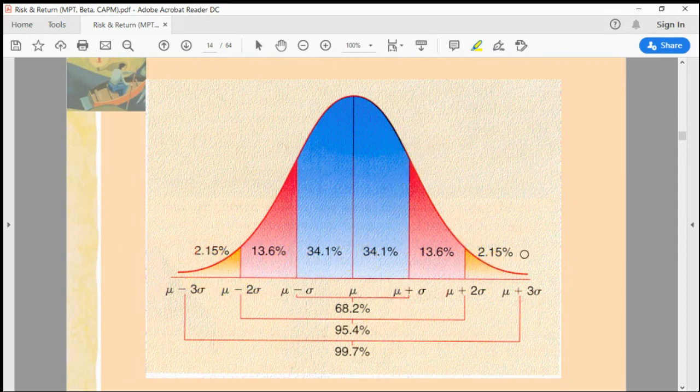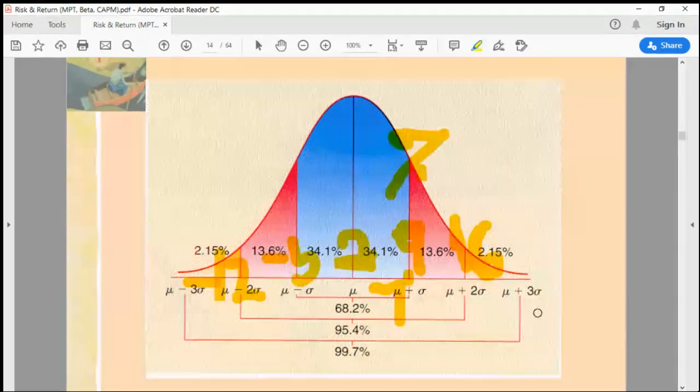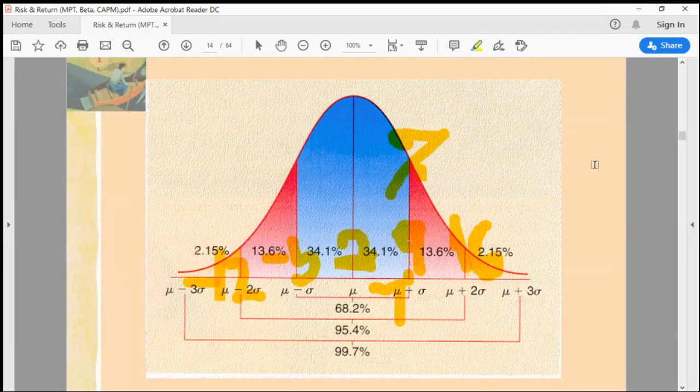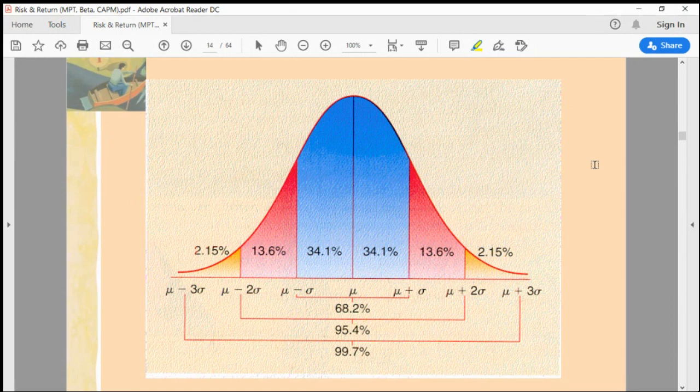Remember the best month was August of 2018, when they earned like 19 point something percent. That was an upper tail outlier, an event that has only about 2% probability of happening. But that happened in August of 2018.